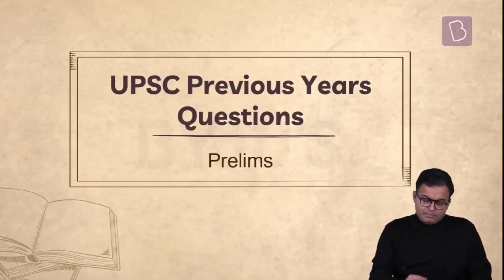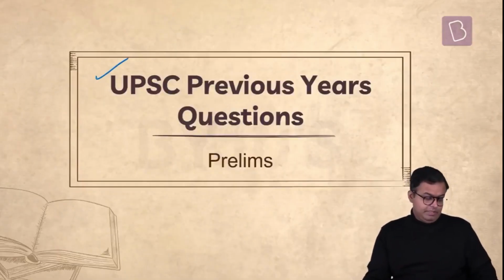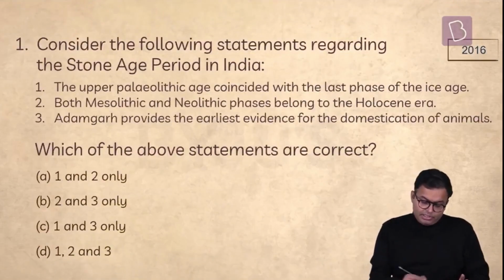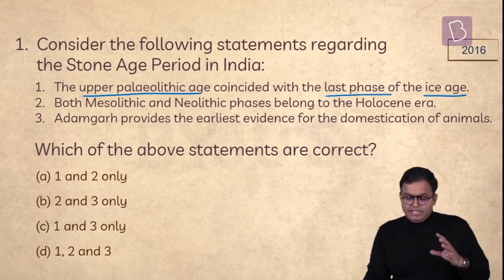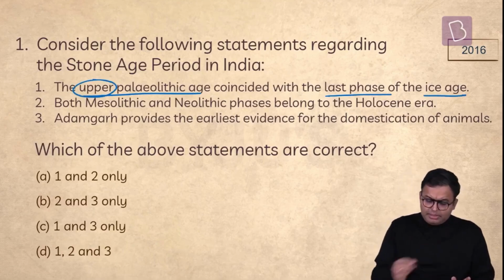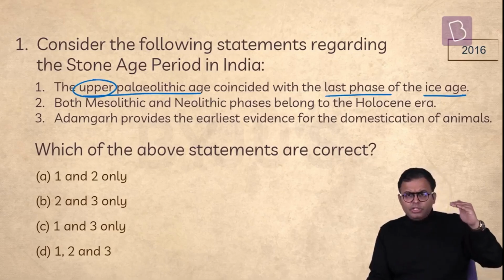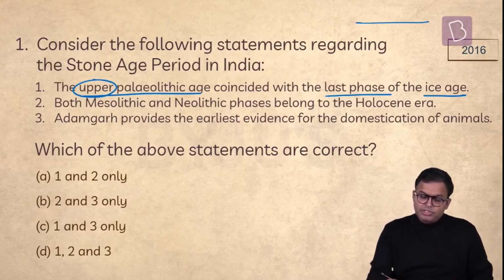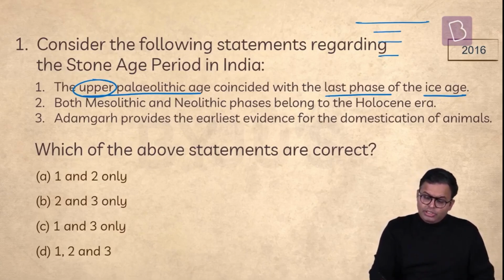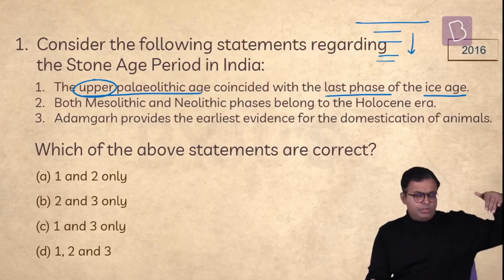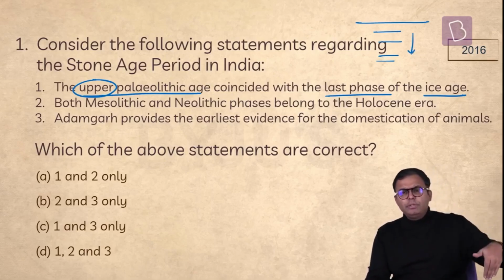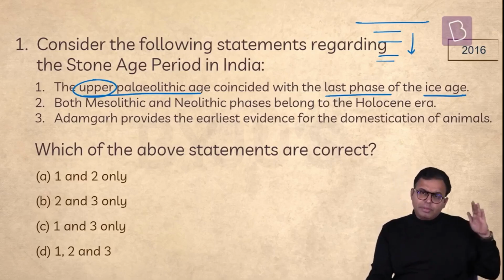Let us understand some types of questions being asked in UPSC. For example, a question: the Upper Paleolithic age coincided with the last phase of Ice Age. See now, what is the meaning of upper? When archaeological evidence was done, for example, if this is the earth, this is the surface, then as you go deeper, at any point you start digging, as you go deeper, that means you are going into further past.